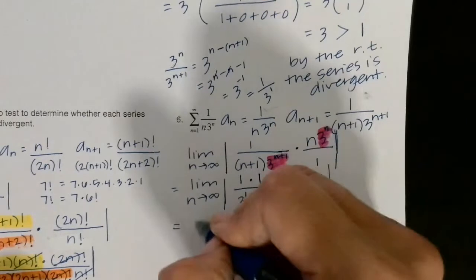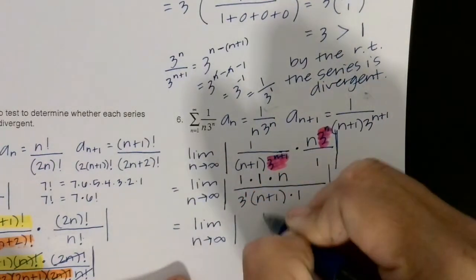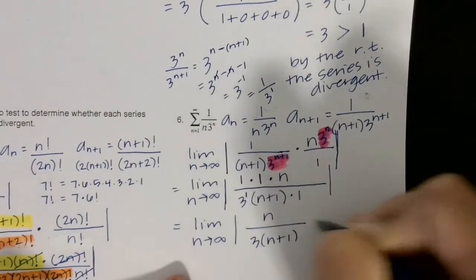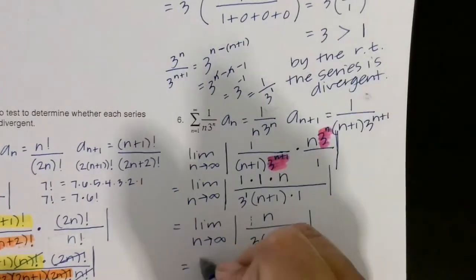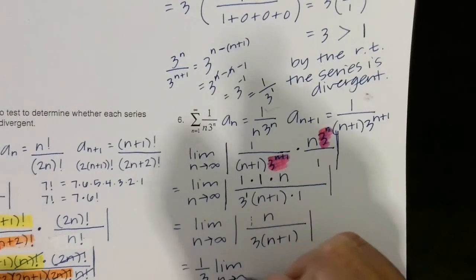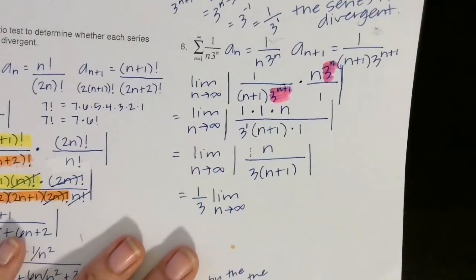So next, if I simplify all that and clean it up a little bit, I get n over 3 to the n plus 1. I have a constant here, it's 1/3. It's easier to pull it out, so I'm going to pull it out. I don't think you'll get it wrong if you don't pull it out, but it just makes life easier later on.